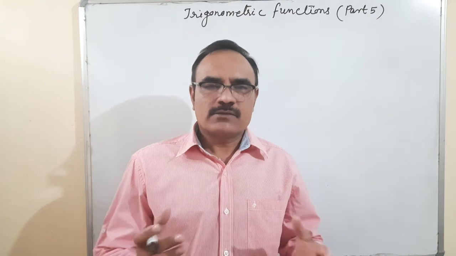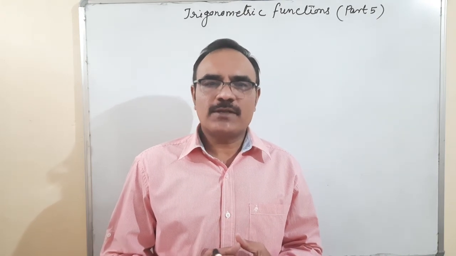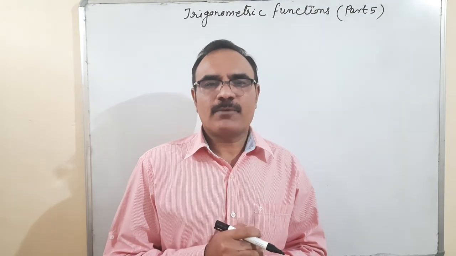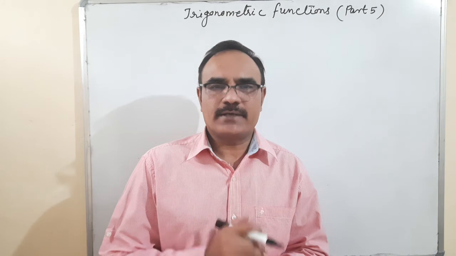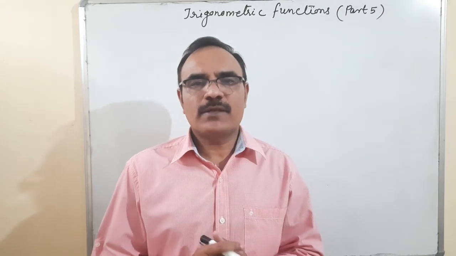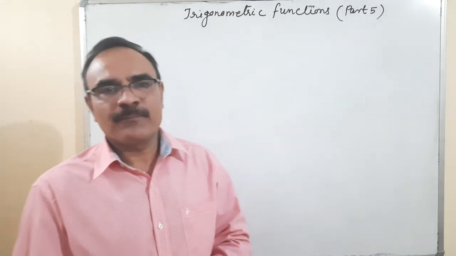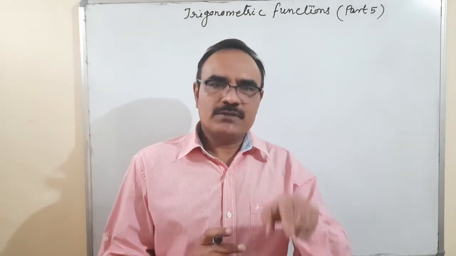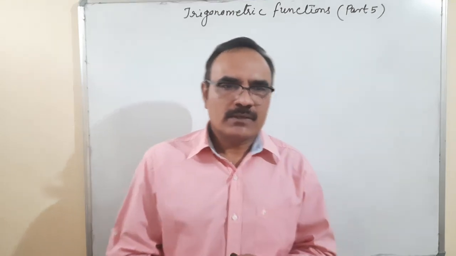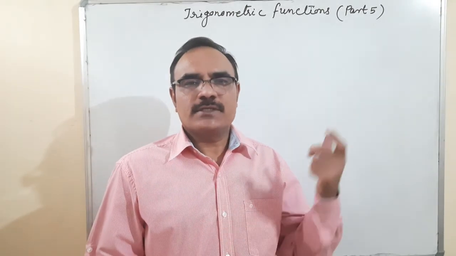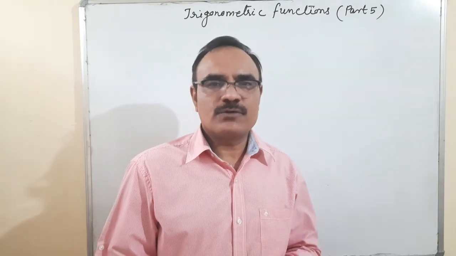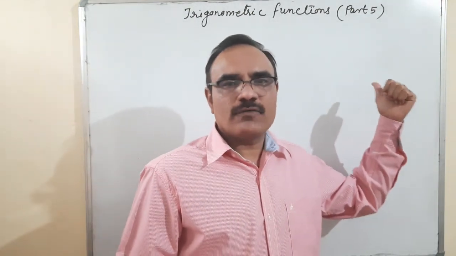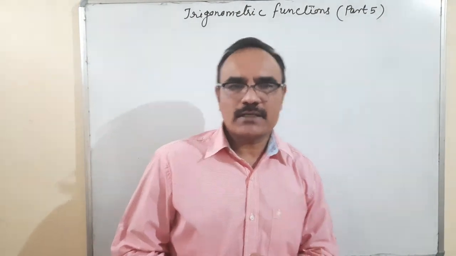Sine or cosec have positive values in the first and second quadrant. Tan and cot have positive values in the first and third quadrant, and sec and cos have positive values in the first and fourth quadrant. So every trigonometric term has two equal values between 0 to 2 pi, and these are called the principal values. You are aware of the ASTC rule, we can find out where the values are positive and where they are negative.